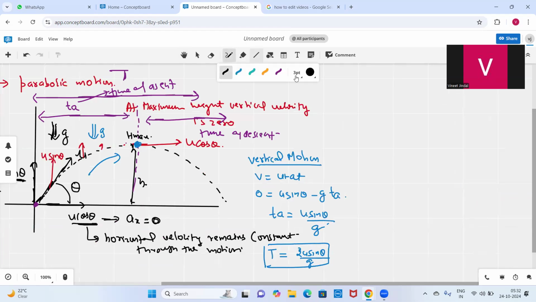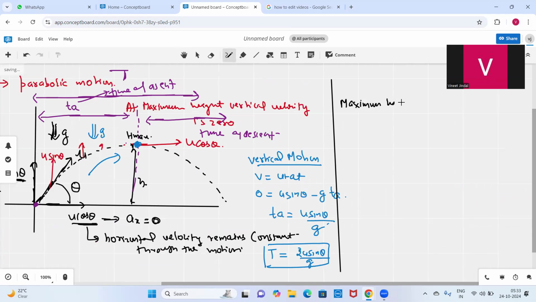Now, we are going to derive the maximum height. We know the equation S is equal to ut plus half at square. Again, we are going to take the vertical projection. So S is replaced by H max. Initial vertical velocity is u sin theta.